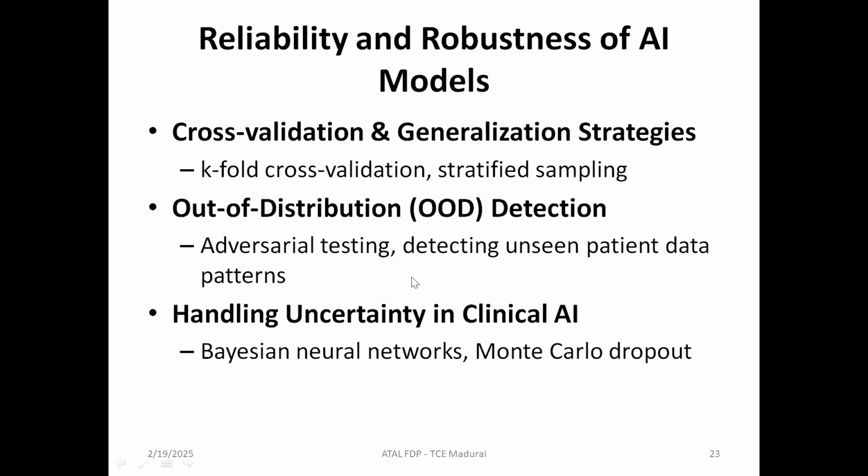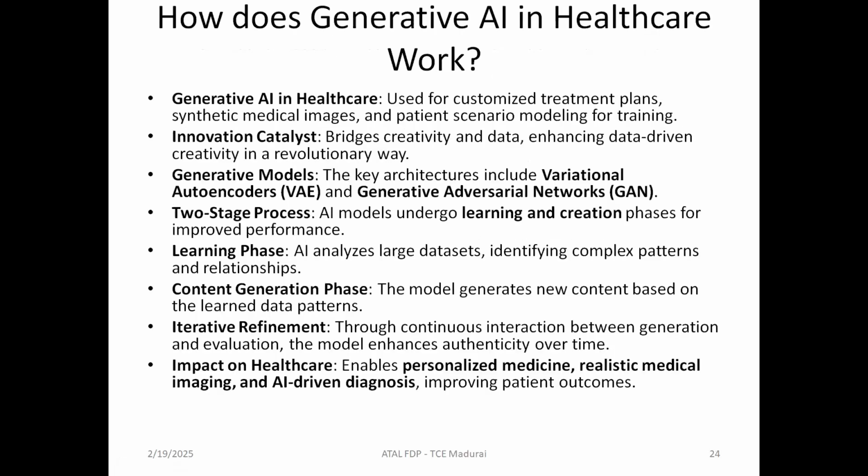For cross validation, basically we will do k-fold cross validation, and stratified sampling is very good for handling this. Then OOD is nothing but out-of-distribution detection, where we can perform this adversarial testing. And for handling uncertainty in clinical AI, we can make use of Bayesian neural networks and Monte Carlo dropout techniques to handle unseen or uncertain things in the clinical data.